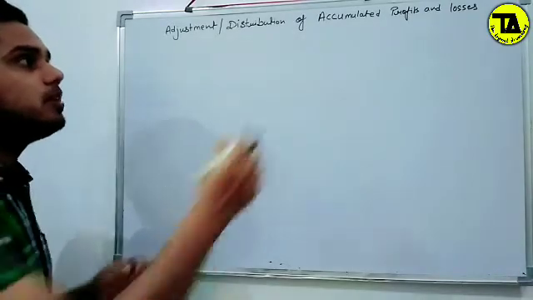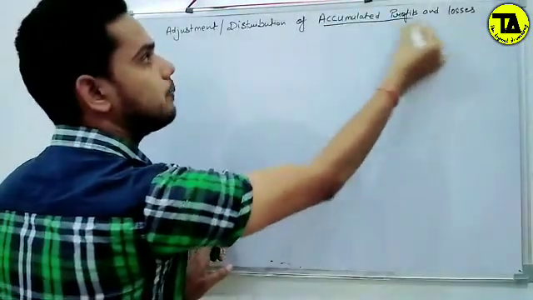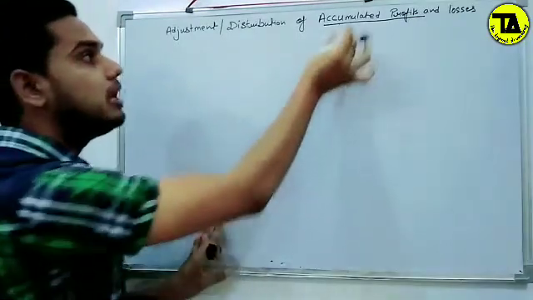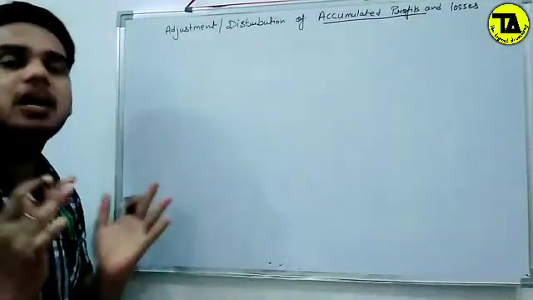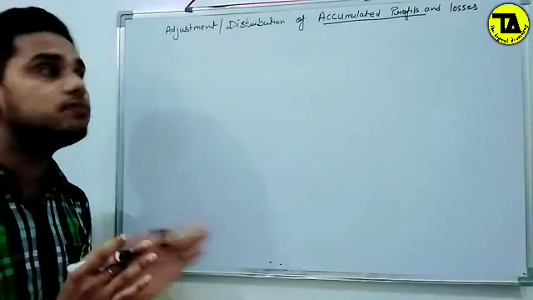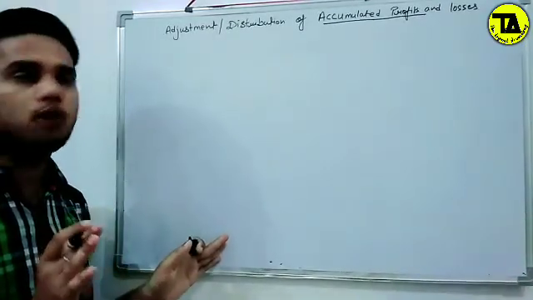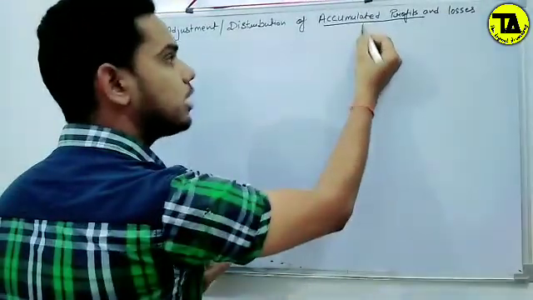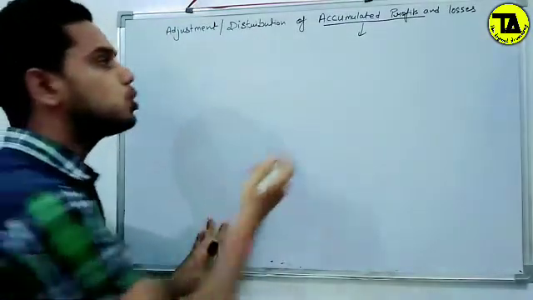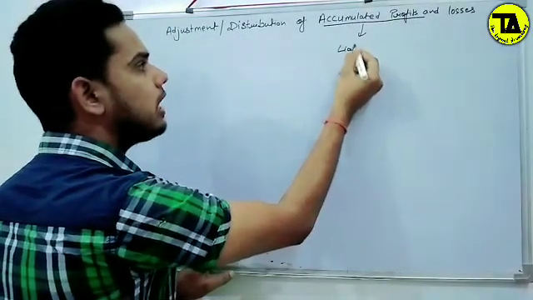That kind of profit is known as accumulated profit. What accumulated means is we are keeping our profit in the business, we are not distributing it, right? Where will this accumulated profit be shown? It will be shown on the liability side.